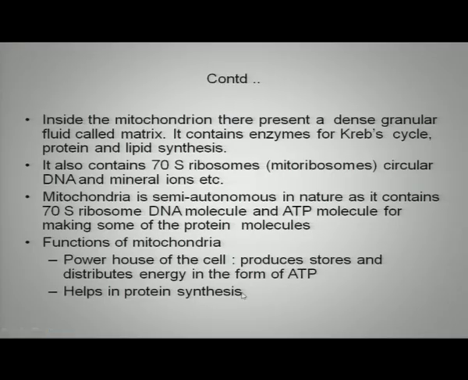Since it contains DNA, it can control characters also. There is a phenomenon called cytoplasmic inheritance. So, this particular DNA contributes to the cytoplasmic inheritance of characters.